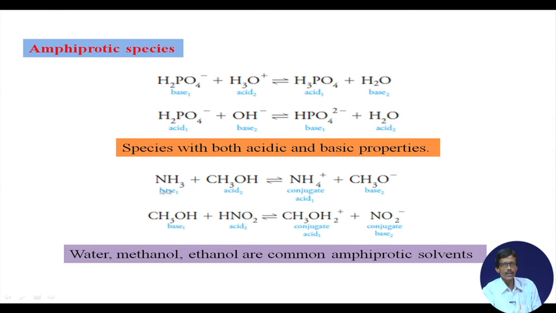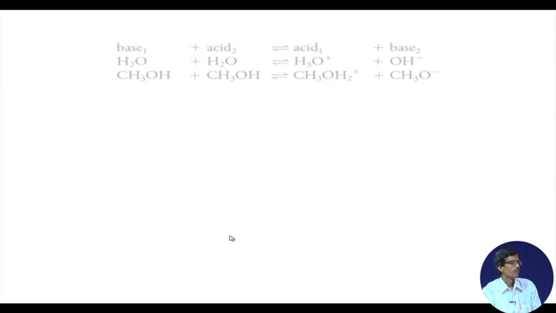Ammonia can be liberated from any other source, or nitrous acid can be prepared in situ from the solution. So the character of methanol, which can also be a solvent, can change very quickly from one form to the other.